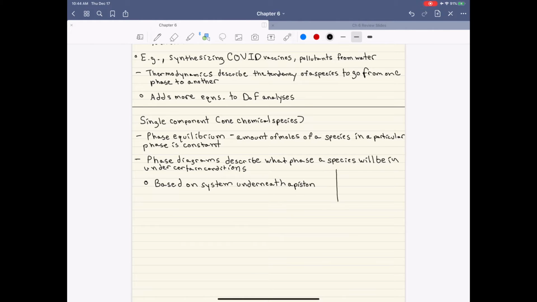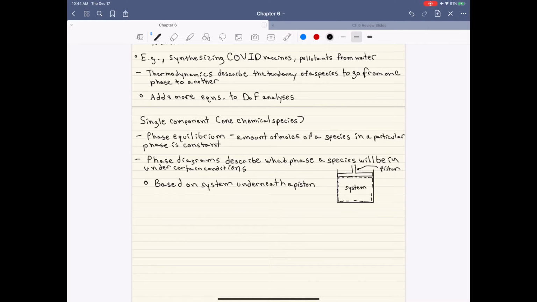In these sort of phase diagram determining experiments, they basically had a piston set up like this, right? So here is the piston. This piston's on top of a container. And underneath the piston is the chemical species of interest. So this is the system.